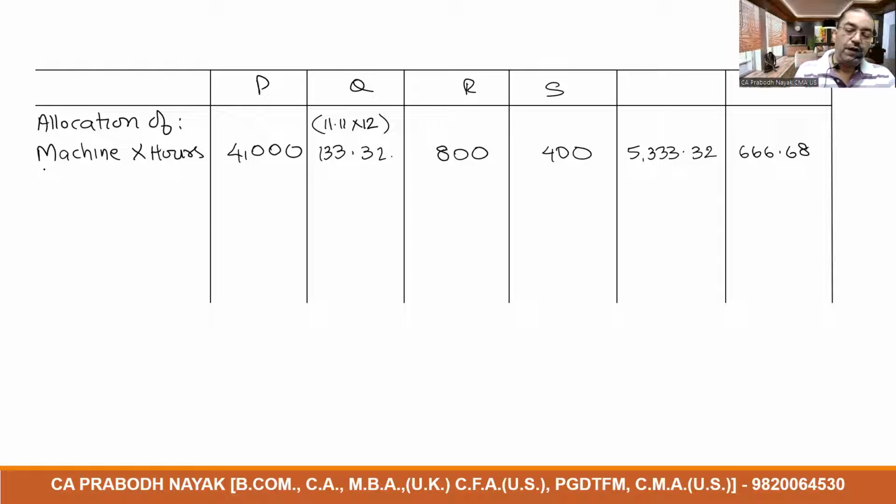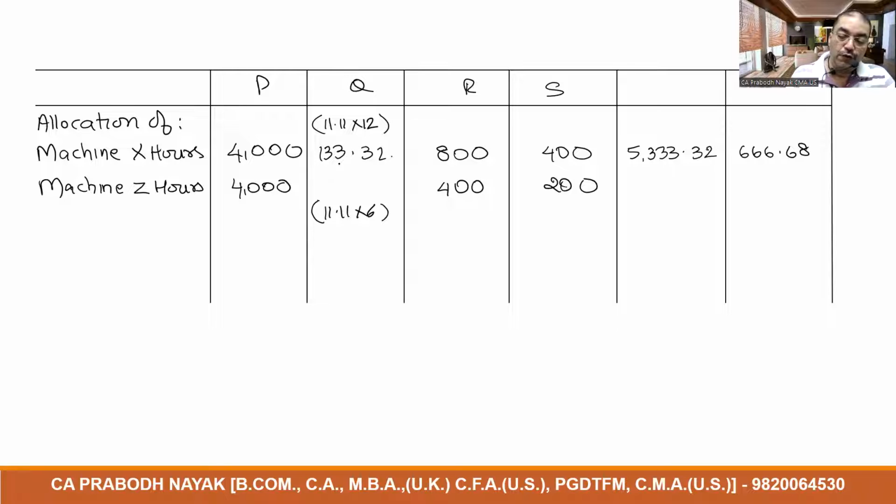Next one, machine Z hours. This 4,000 will come as this, this 400 will come as this, this 200 will come as this. Here it is going to be 11.11 into 6 hours per unit.